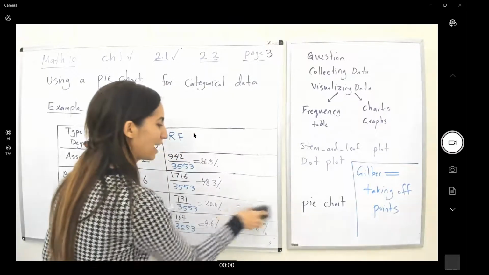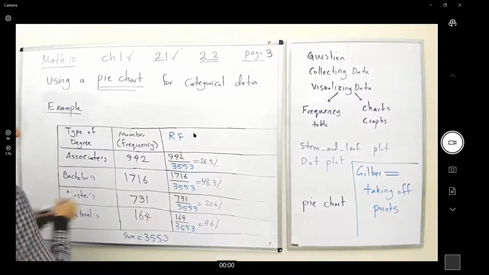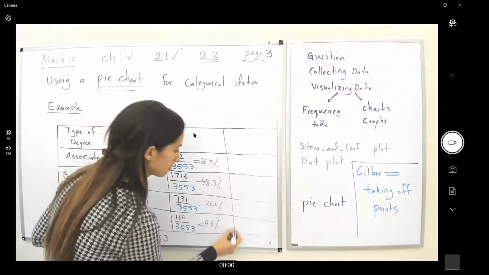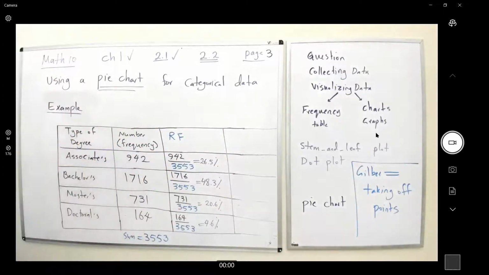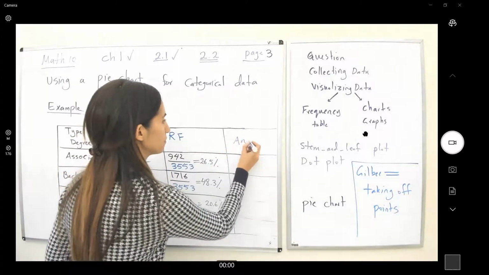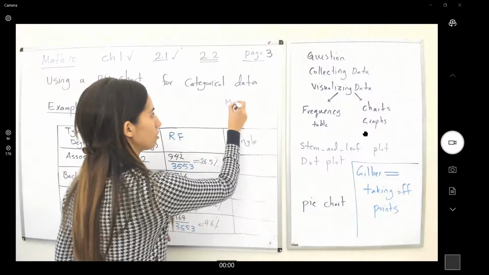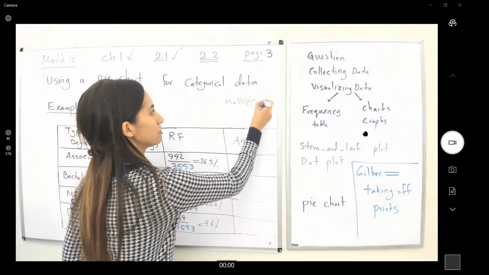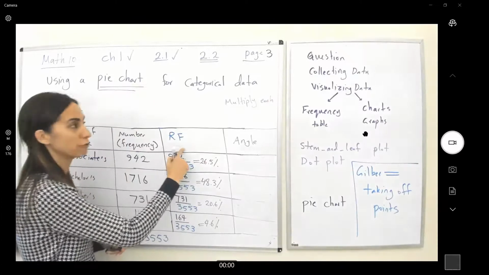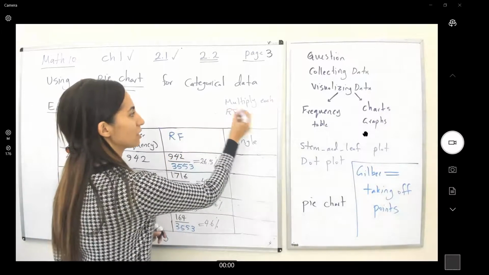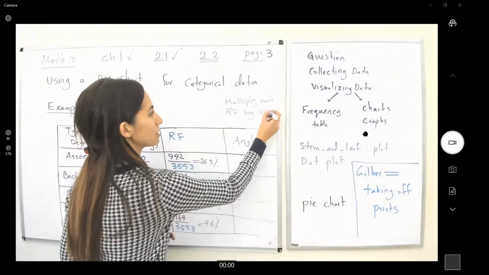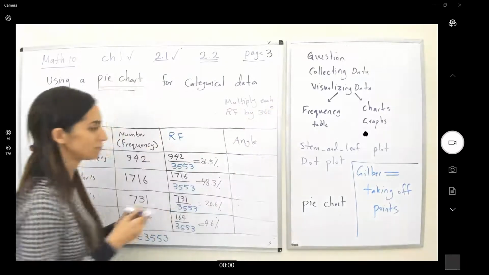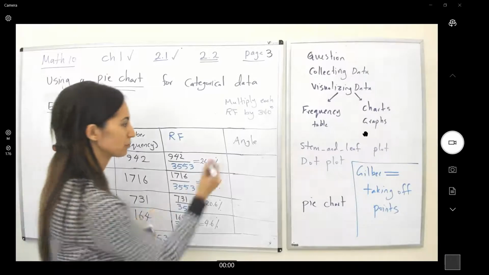Now, to find the angle, we're going to multiply each relative frequency by 360 degrees. Very well, let's do that.